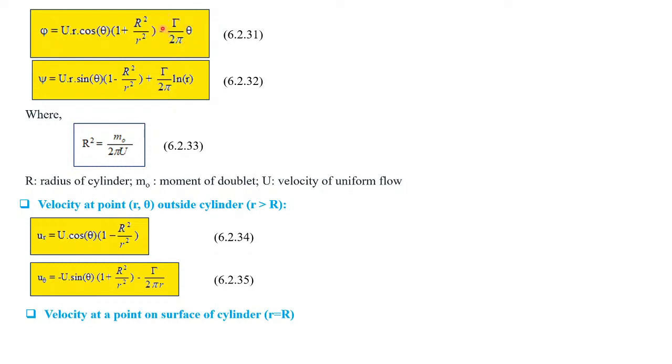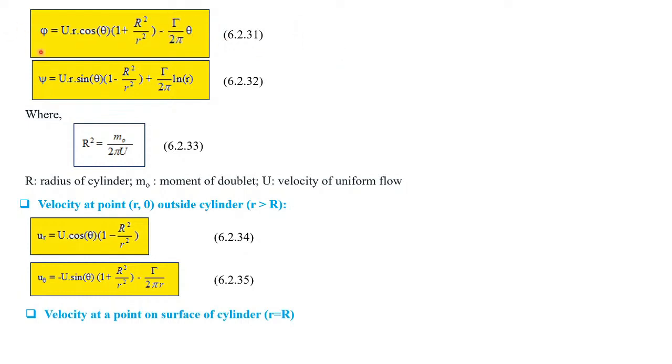You see this is minus because we put the vortex in the clockwise direction; counterclockwise is the positive value, but for clockwise this is minus.